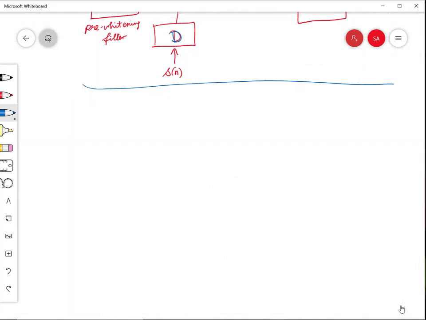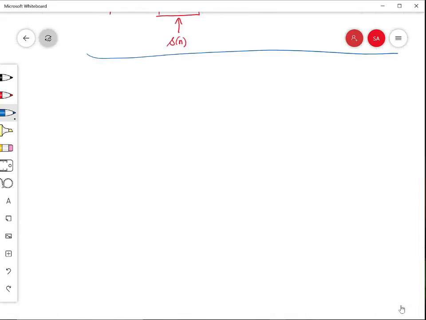Now let's talk about the performance of this particular detector.